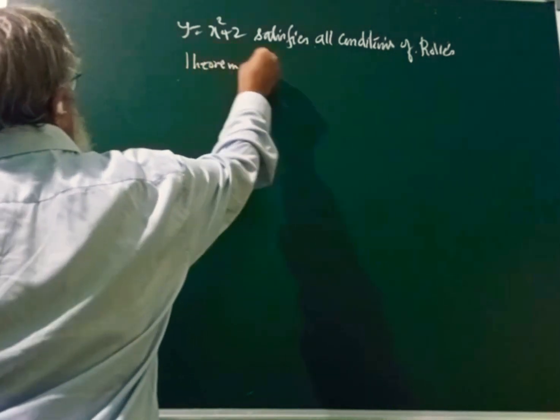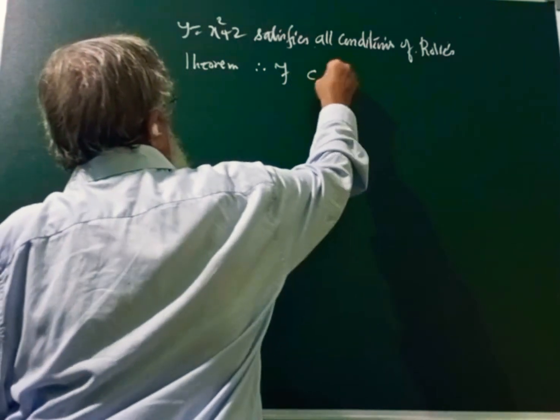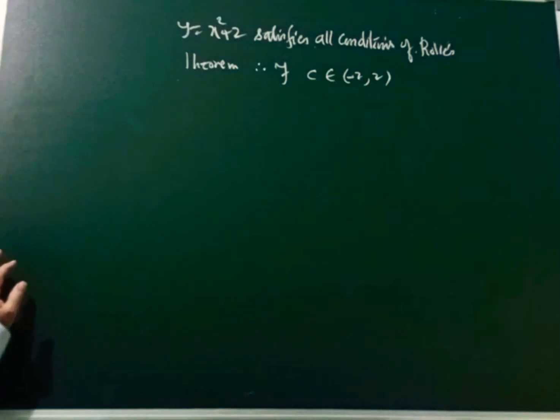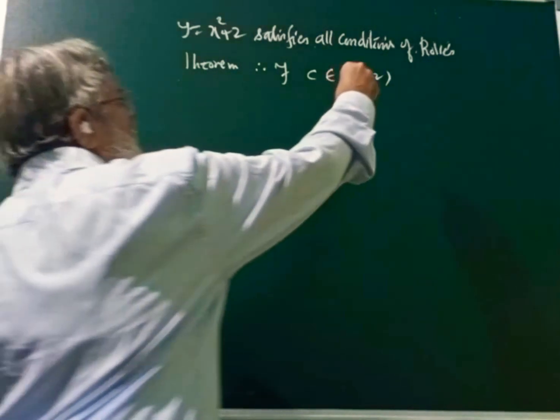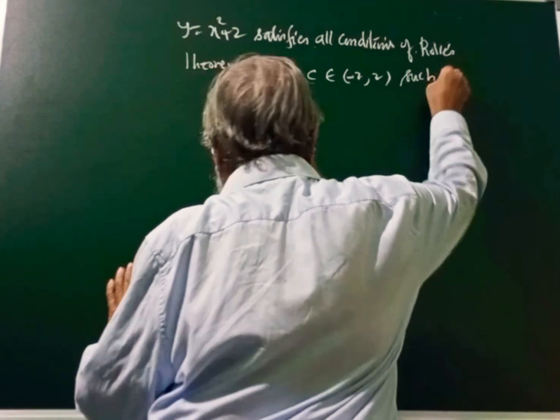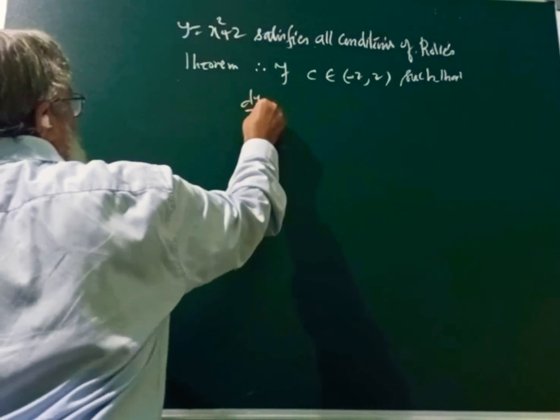Therefore, there exists a point c which belongs to the interval minus 2 to 2, because that was the interval given, such that dy by dx is equal to 0 at that point.